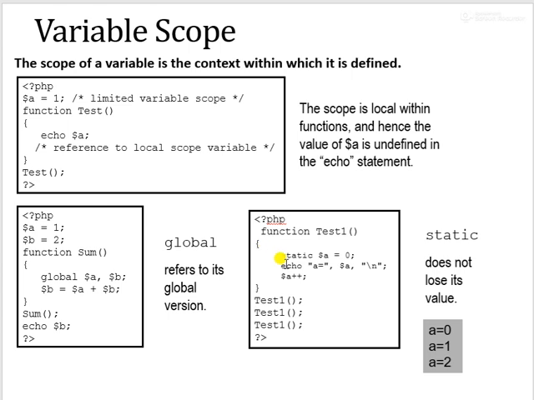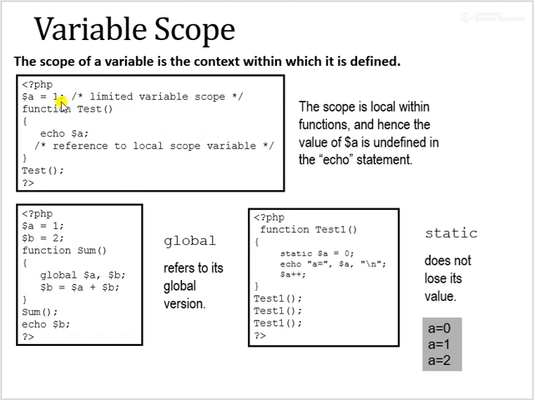So like here we have a variable a assigned 1, and here a function, and inside the function if we write echo a, now the scope is local within the function, and hence the value of a is undefined in the echo statement, and you will get an error over here, because a is not defined inside the function. So this statement will issue an error.